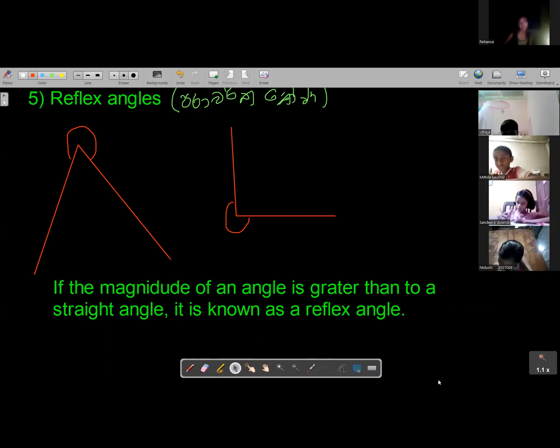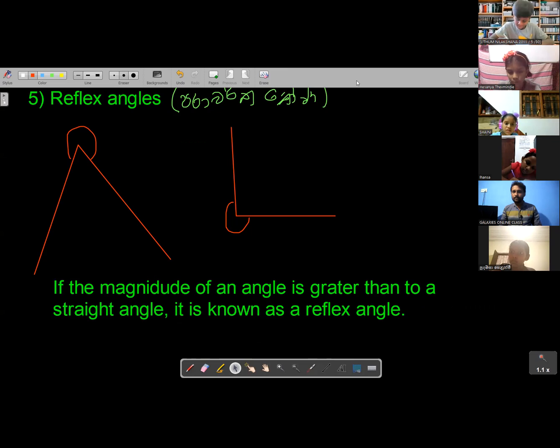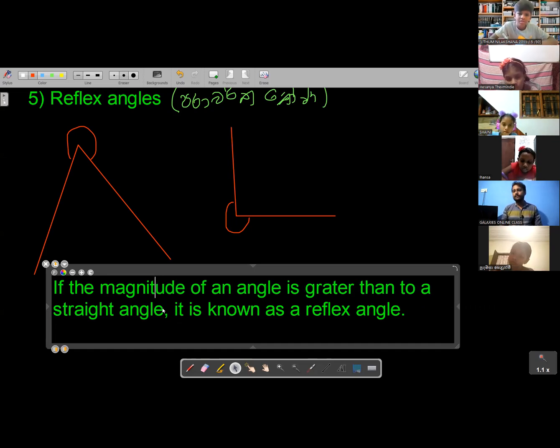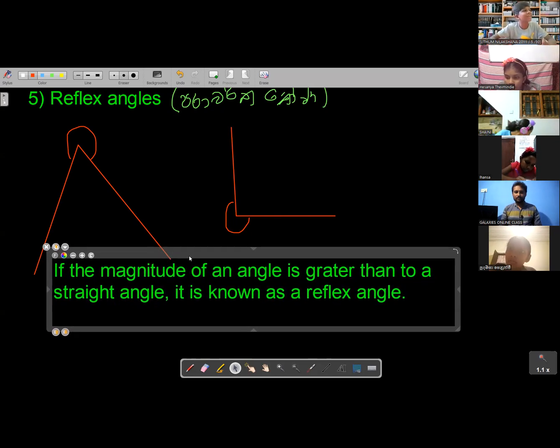Sir, you have typed magnitude. Sorry. Magnitude. Okay. Sometimes when I am typing, if you can see spelling mistakes, inform me.